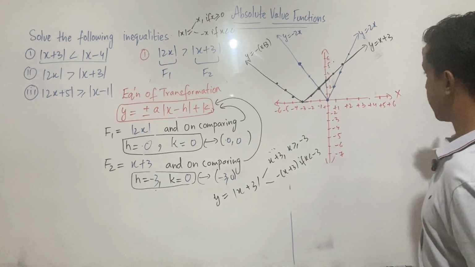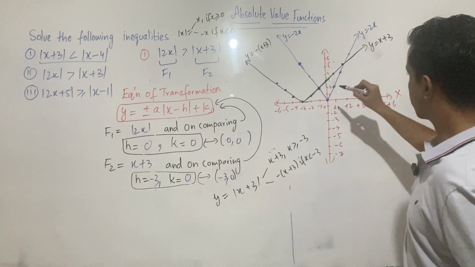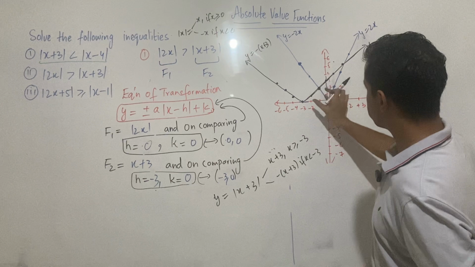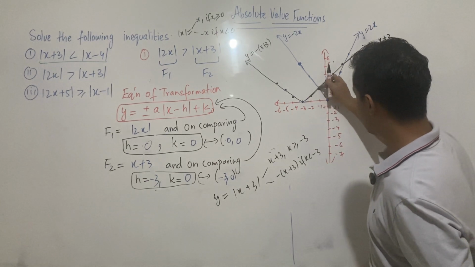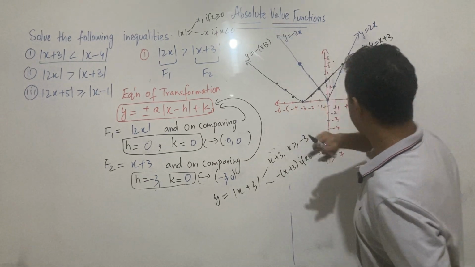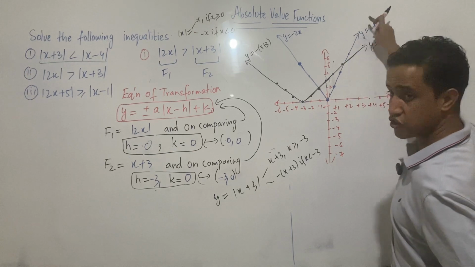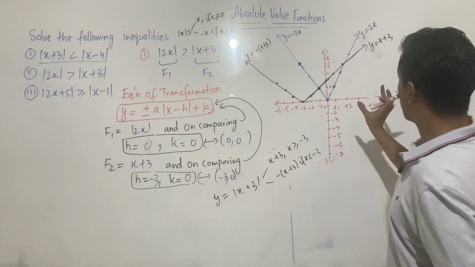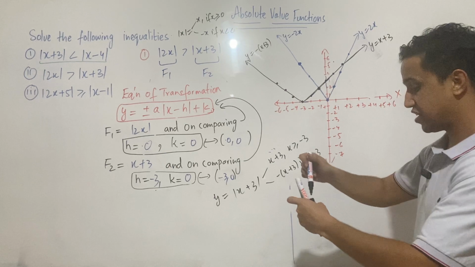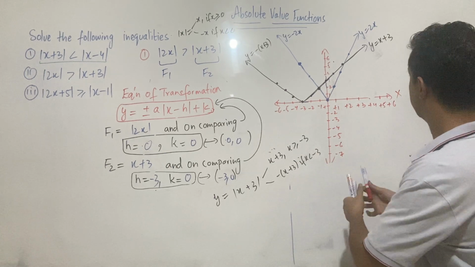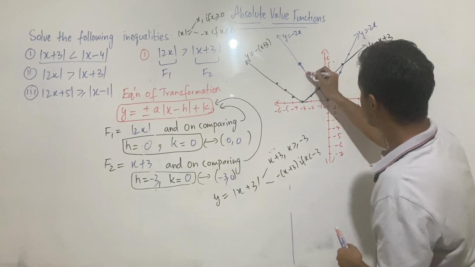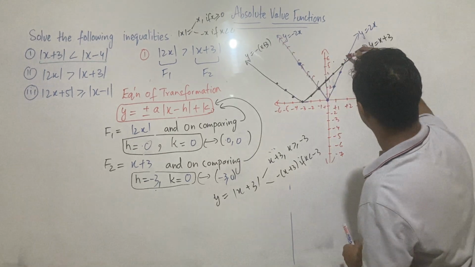Okay, so where does it happen? You can see it is below the black graph from here to this side and from here to this side, right? So we are only interested in this part and this part.